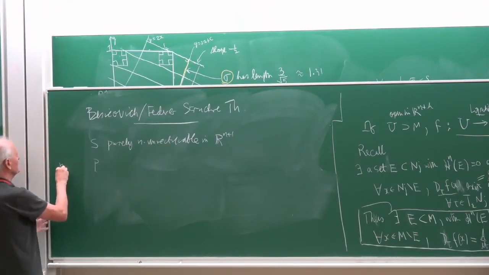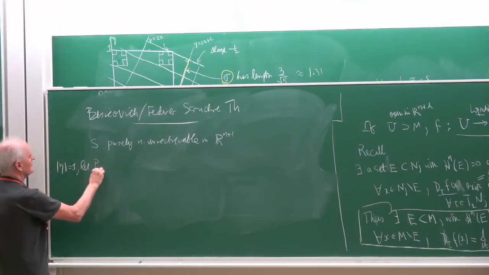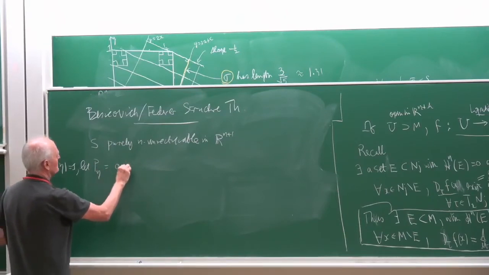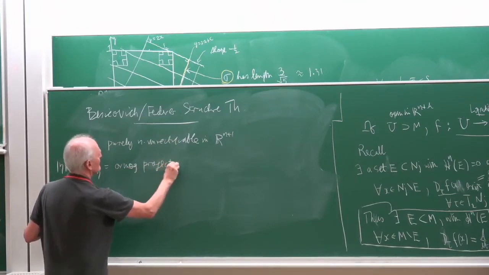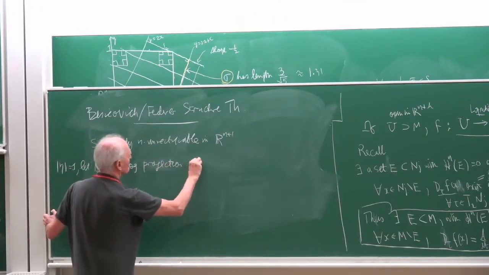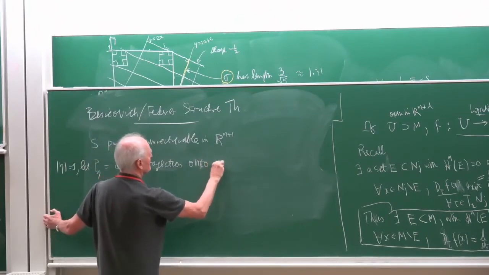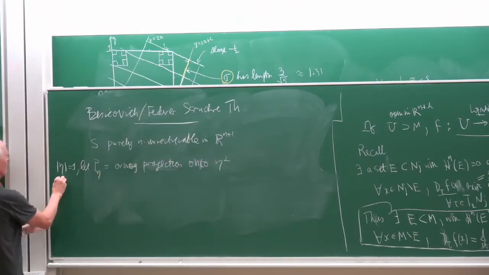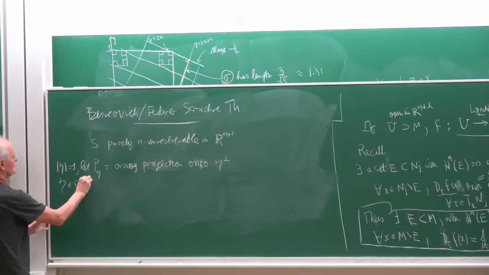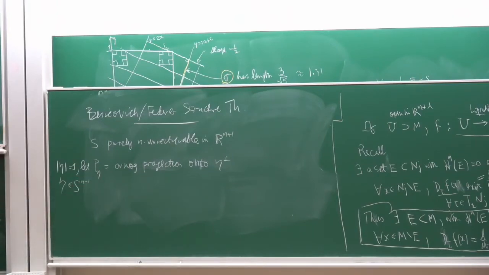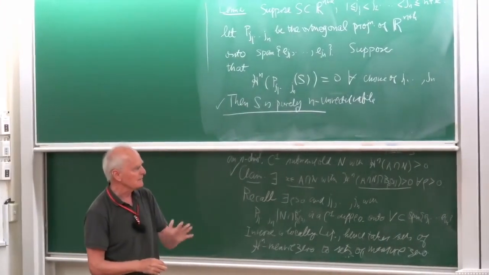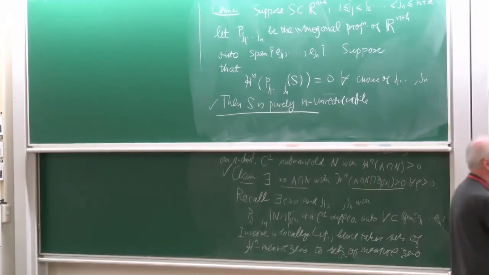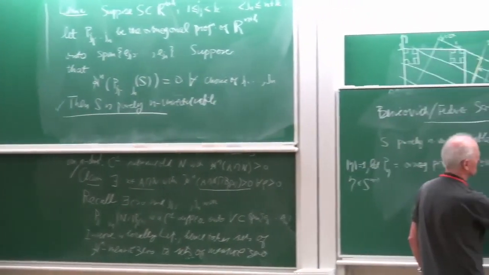So for any unit vector, let P_eta equal the orthogonal projection onto eta perp. So this is for any eta in S^(n-1), the unit sphere, any direction. Take any direction and let P_eta be the orthogonal projection onto eta perp. That's an n-dimensional subspace.